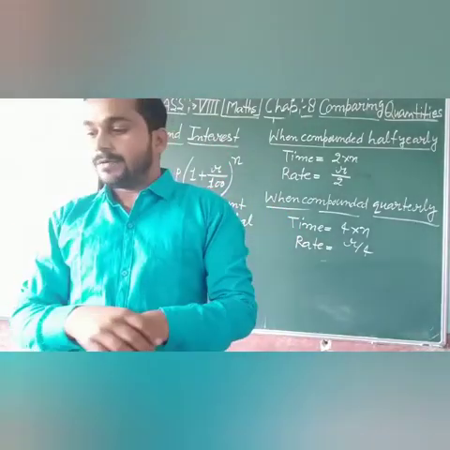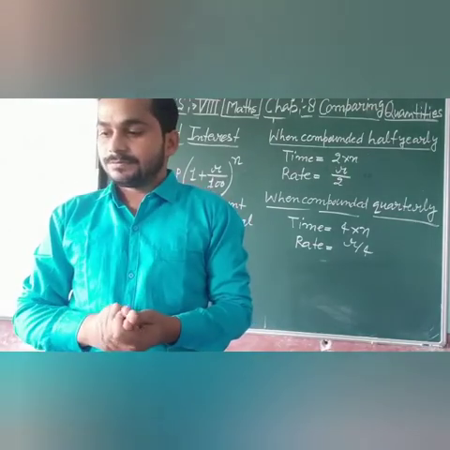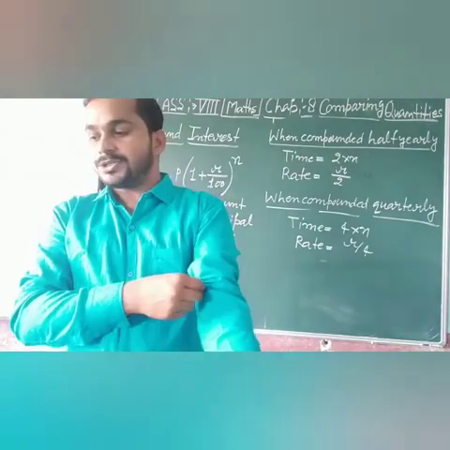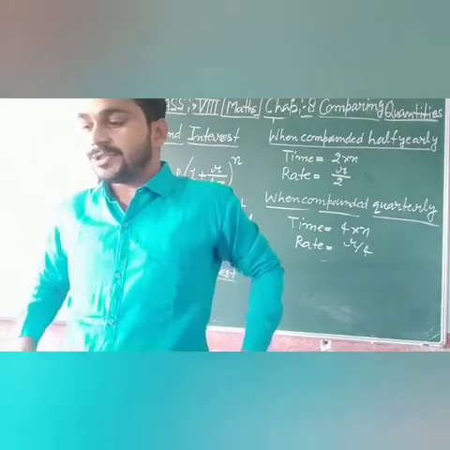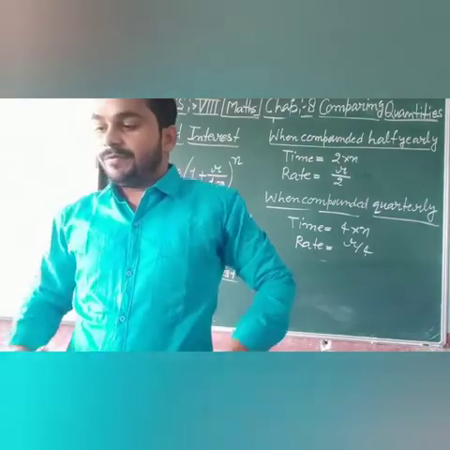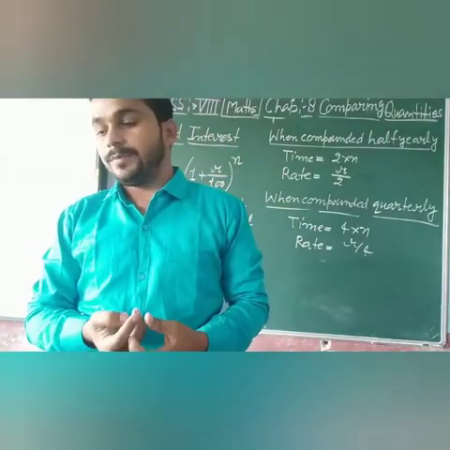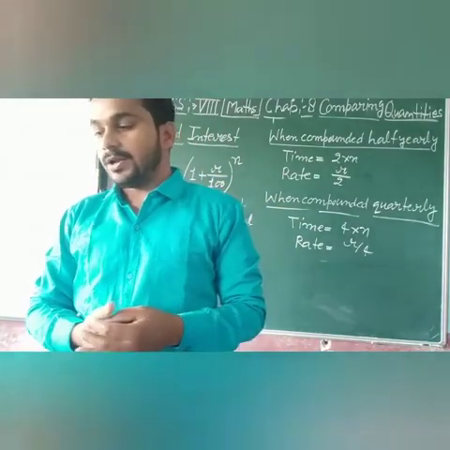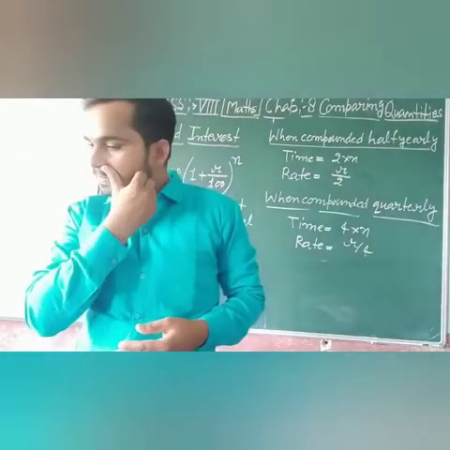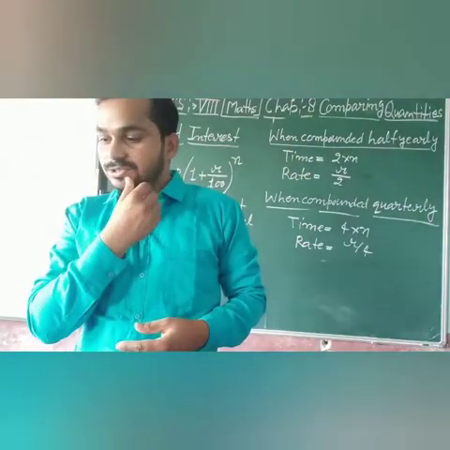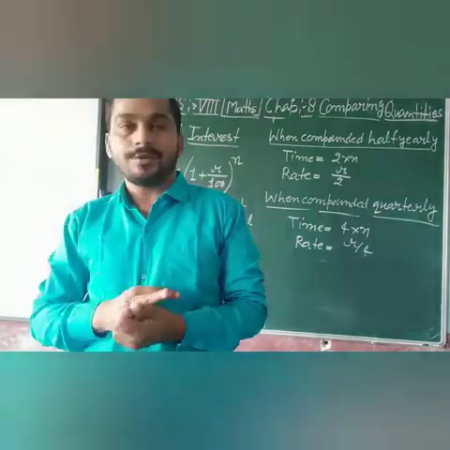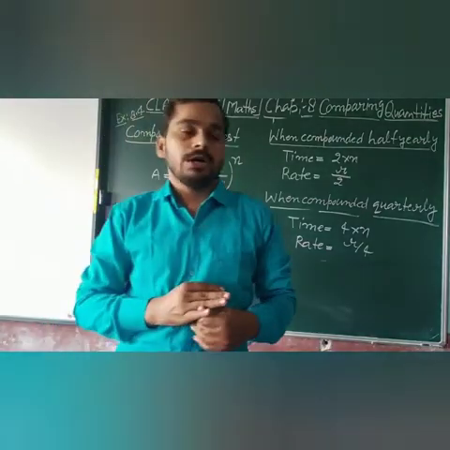The time period after which interest is added to form a new principal is called the conversion period. It may be 1 year, half year, 3 months, or even a daily basis. In such cases, the interest is said to be compounded annually or semi-annually.